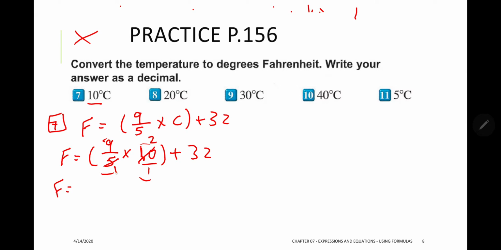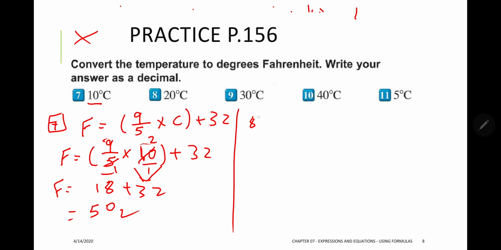So 9 multiplied by 2 is 18, and the denominator is 1 multiplied by 1, which is 1, so I don't need to do anything else, plus 32. So 18 plus 32 is 50. That's the result for number 7.